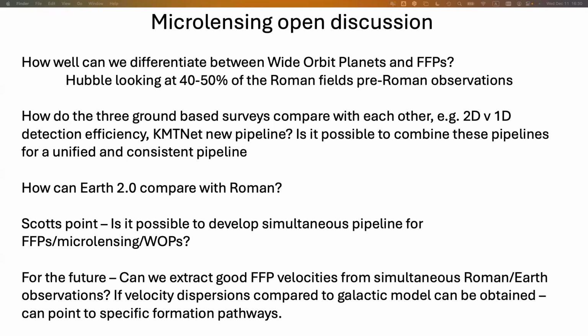Because, I mean, a lot of the events we've been talking about from the ground, a lot of those involve giant stars. And so if this is, I mean, for giant stars, we should be seeing things like that if they're much more common than you expect from the free floating planets.